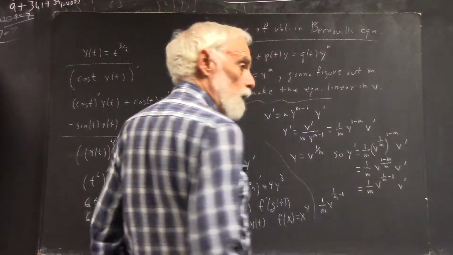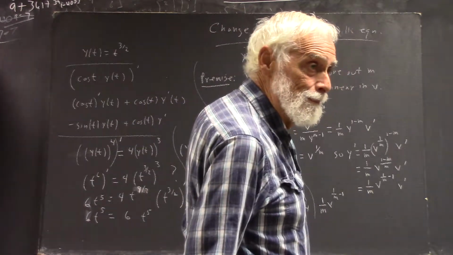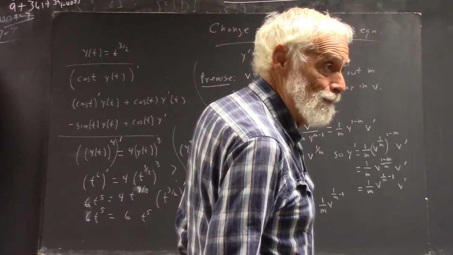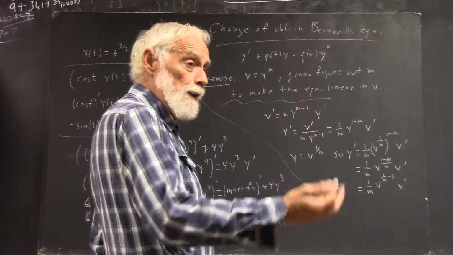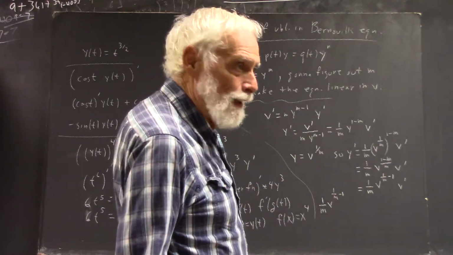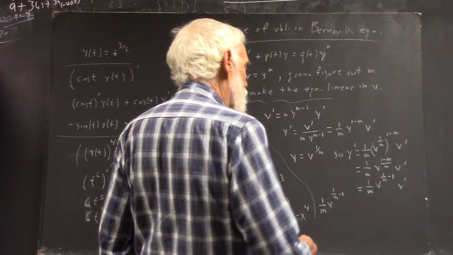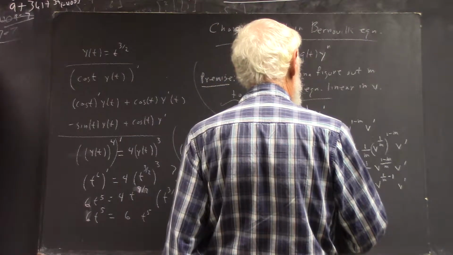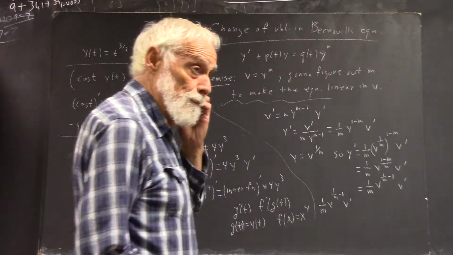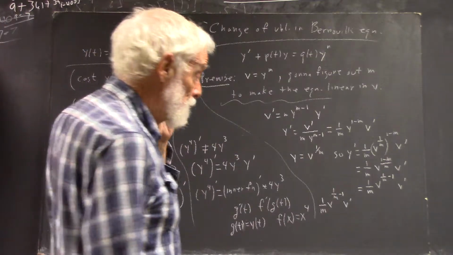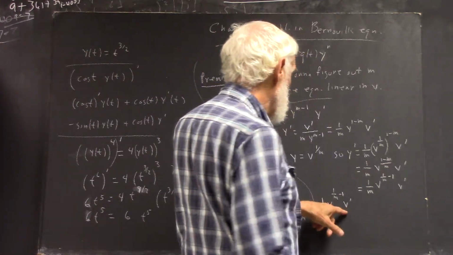I'll use the last form. I'm not sure that's what I'm going to want, because I haven't worked this out in advance. I always want to have the spontaneity and the joy of discovery every time I do this. And then times v prime. So now we have something times v prime.